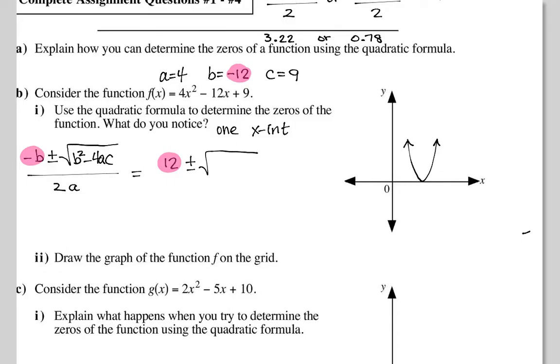So what happens to the quadratic formula when you plus or minus the square root of nothing? Square root of 0 is 0. So 12 plus or minus 0 is always going to be 12. 12 divided by 8 is, we already did this once before, divided by 4, you get 3 over 2, which is 1.5.